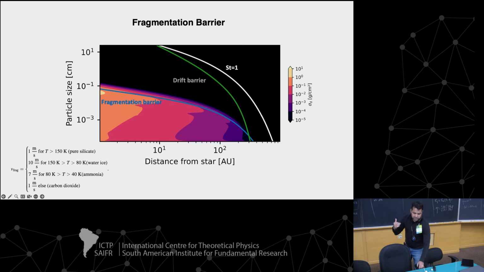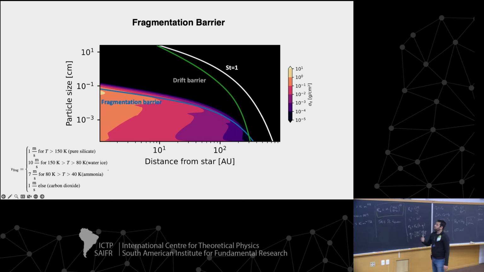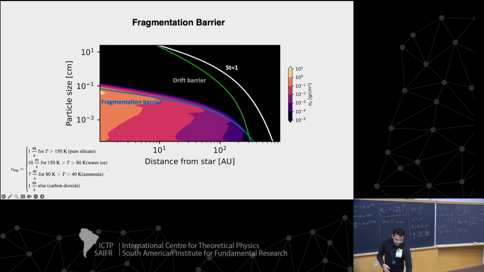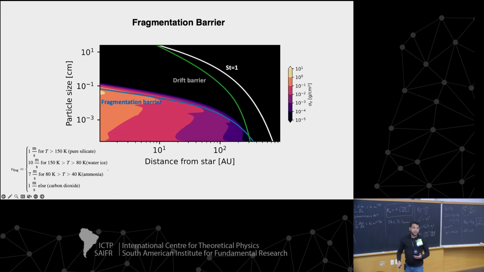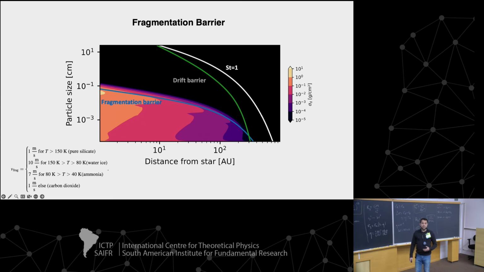Ices or silicates come into the picture through the fragmentation speed. But once you form the pebbles, the streaming instability will work in the same way for both.